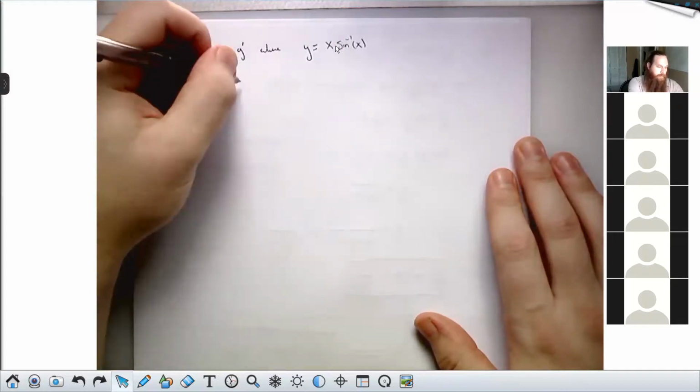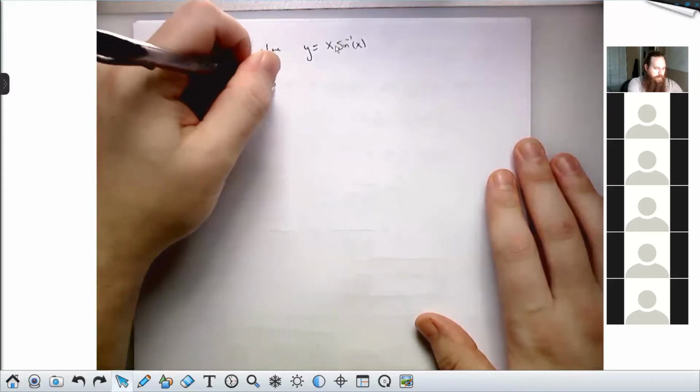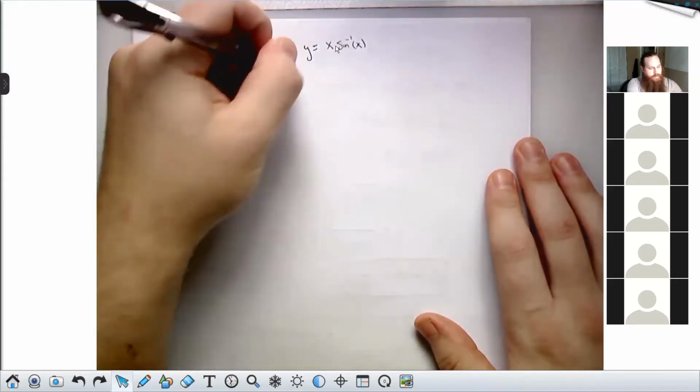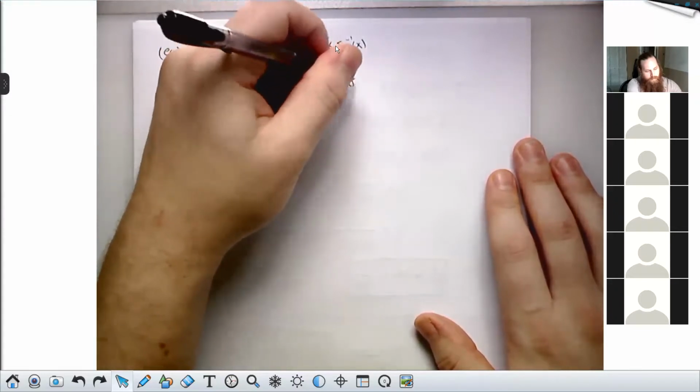y prime would be the derivative of x times sine inverse of x plus x times the derivative of sine inverse of x.